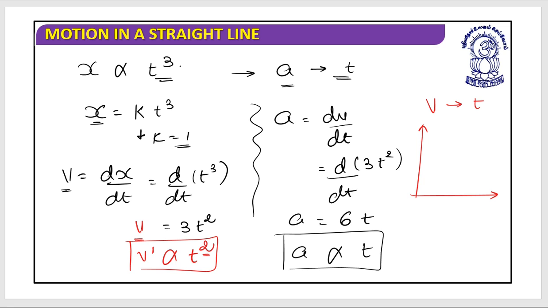Both have different powers, and if they have different powers, it could not be a straight line. And if it could not be a straight line, it must be a curve which will protect the one that has the lesser power, and V has the lesser power, so I need to protect it. Yes, this would be the correct answer.